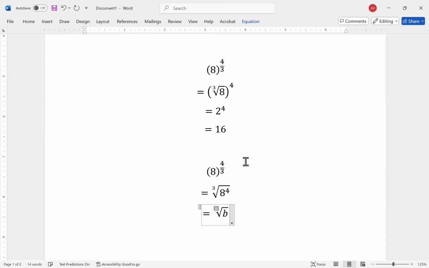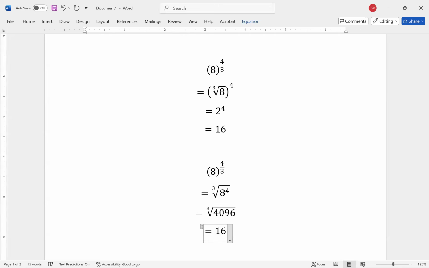And I'd take the 3rd root of 4,096 and I'd say what times what times what gives me 4,096. That's a little bit harder to come up with if you don't have a calculator. It's still 16, but it's harder to see that 4,096 comes from 16 times 16 times 16.